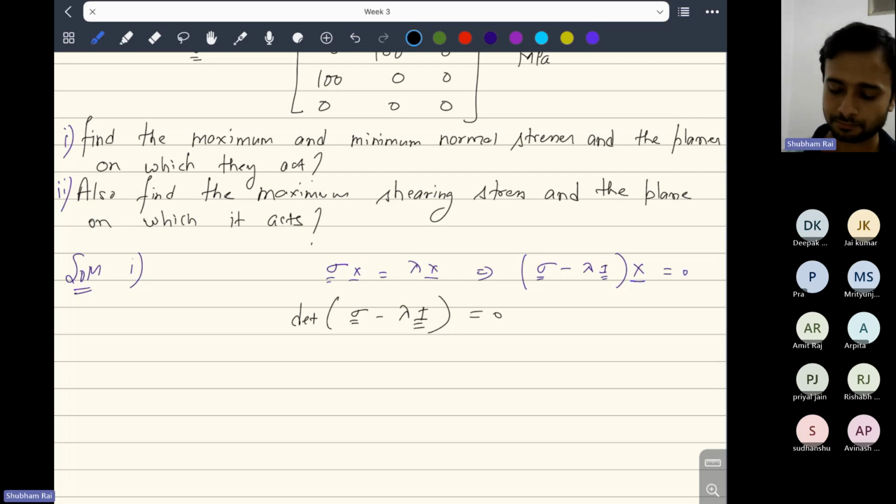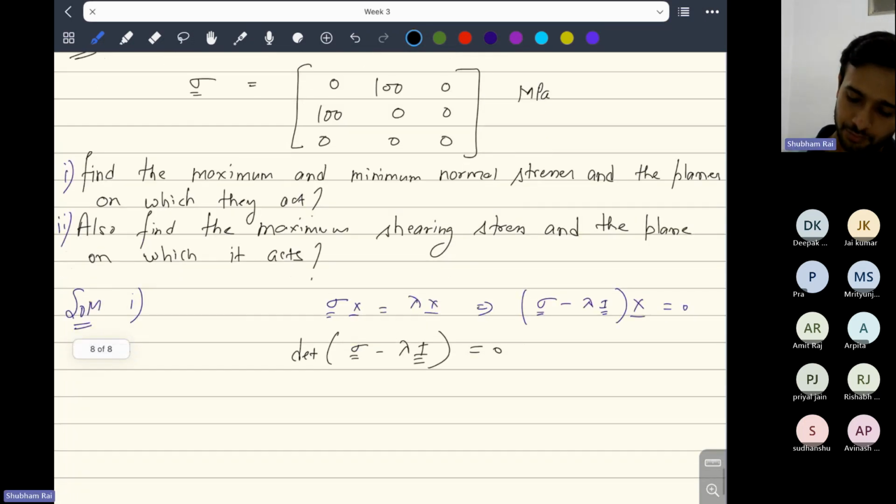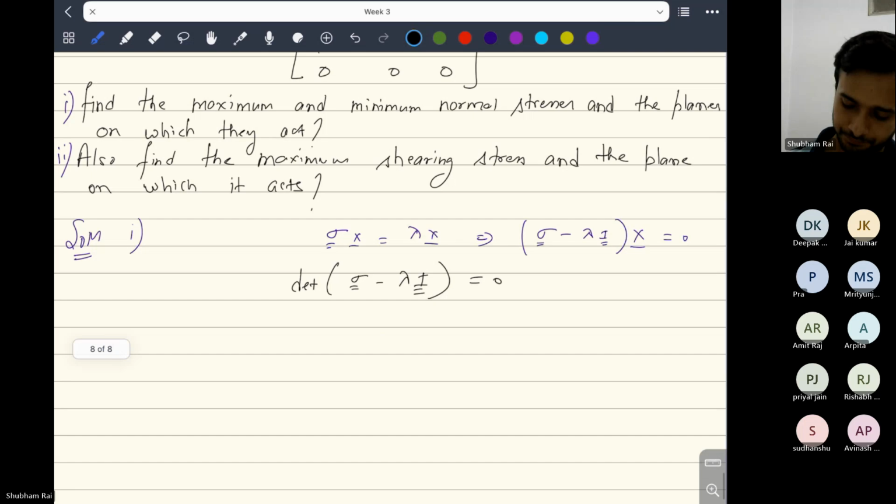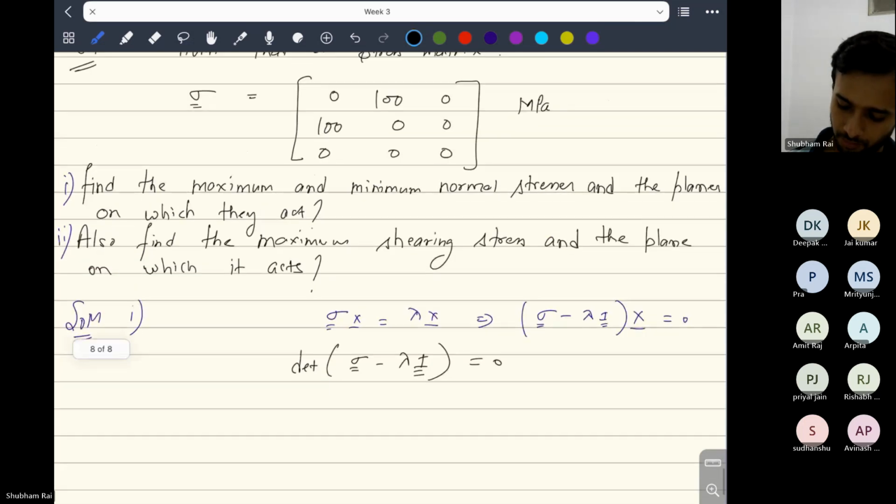Okay. If you do that, now you will get 0 minus lambda, 100, 0. Let me put the determinant sign.